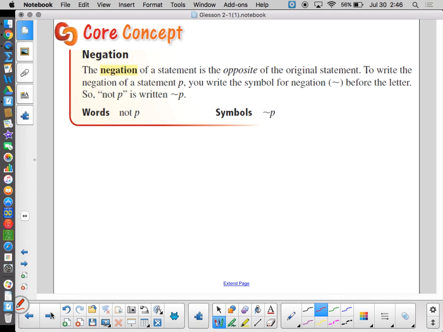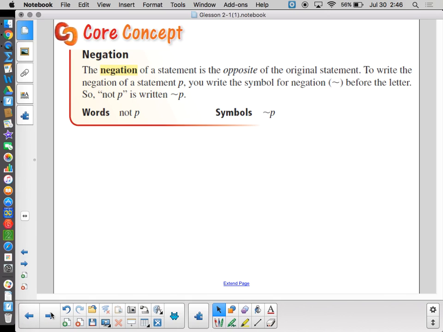The negation of a statement. To negate a statement is to say the opposite of the original statement. Now we have to be very, very careful with that because we have a little different definition of opposite than we normally use. For example, if I ask you what the opposite of hot is, you're probably going to say cold. If I would ask you the opposite of left, you'd probably say right. But in this case, the opposite is the negation, and it uses the word not.